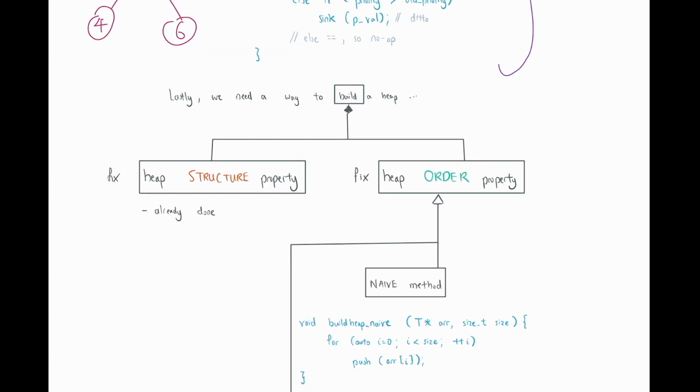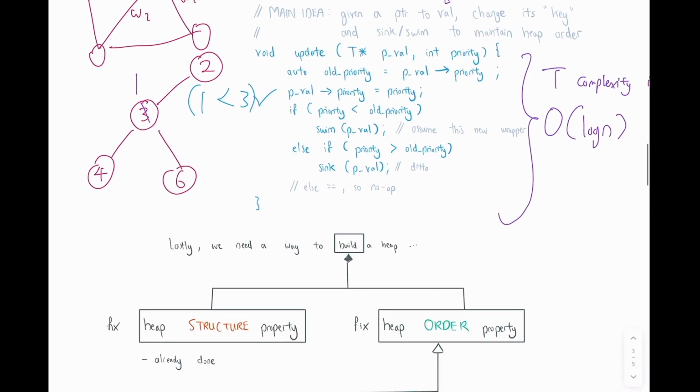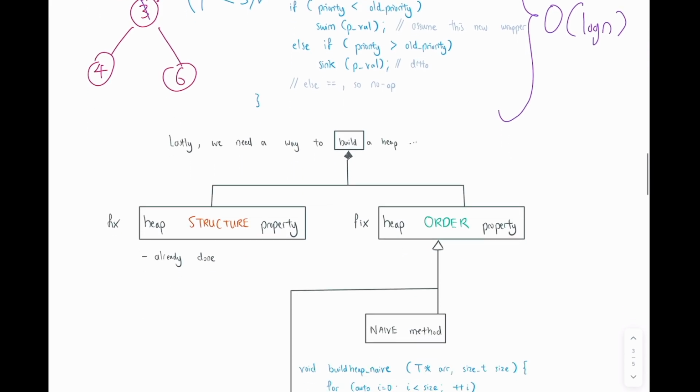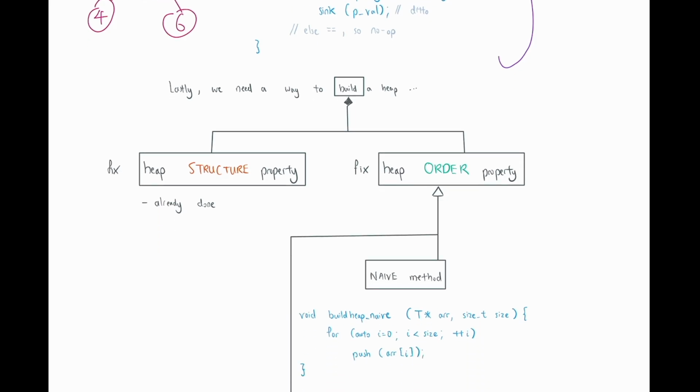Lastly, given that we have so far assumed that we already have a heap, what if we don't have a heap and we have a random number of things stored in a container? Let's say we stored them in an array, and we want to convert that into a heap.